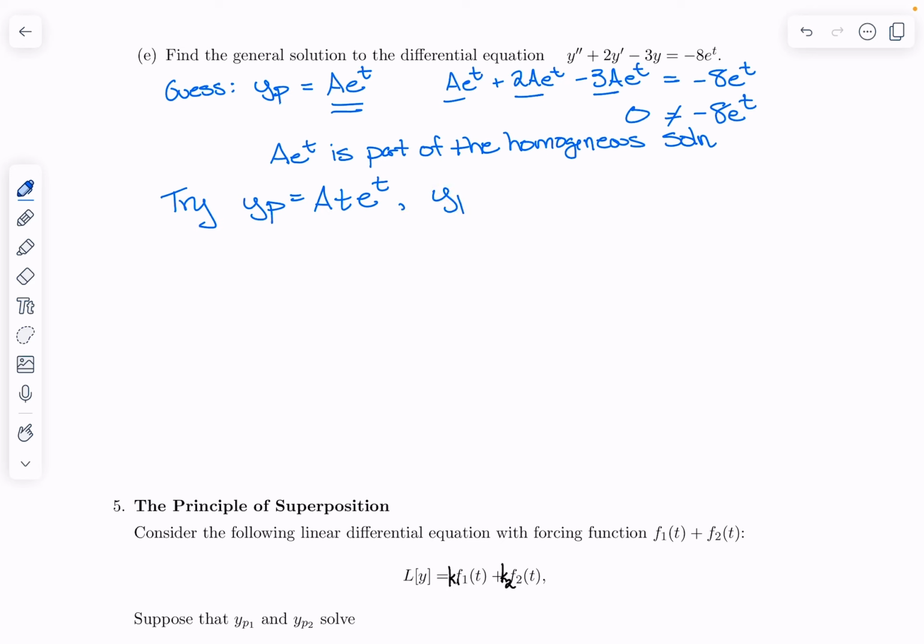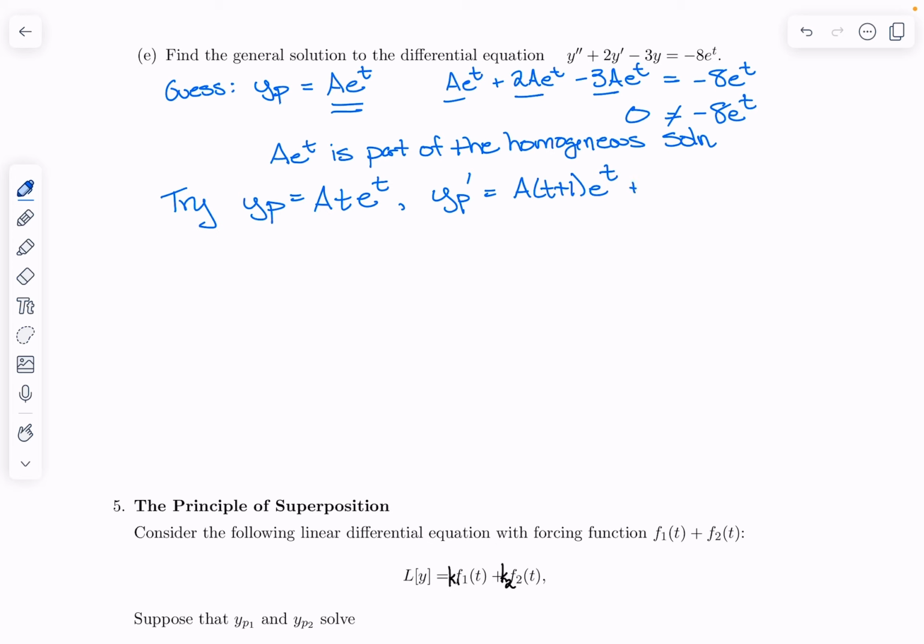If we do that, my derivative is actually going to be a times (t plus 1) e to the t, once I do the product rule and then factor out e to the t.